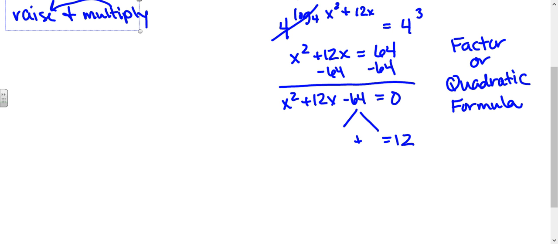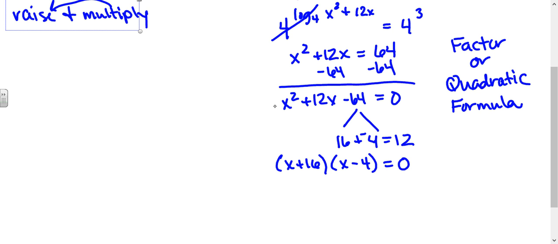So I can do 1 and 64, or I can do 2 and 32. 64 is not divisible by 3. And 64 divided by 4 is 16. So I have 16 and 4, but it has to equal 12, so I'm going to make the 4 negative. So then I would write my answer as x plus 16 times x minus 4 equals 0.